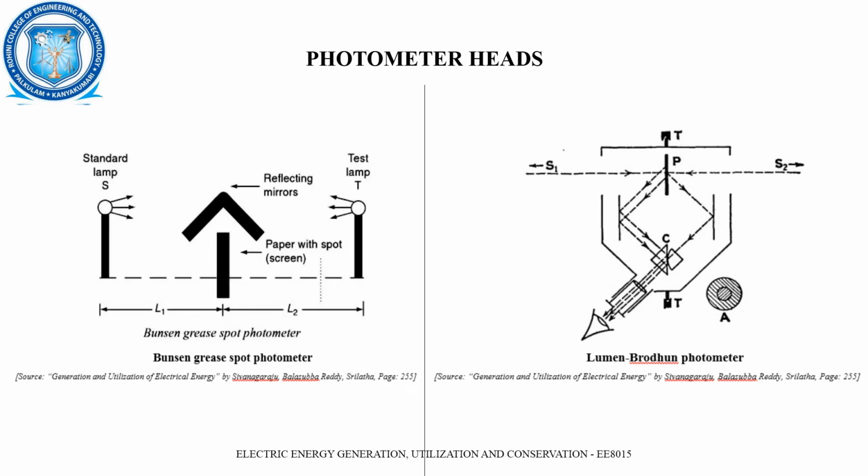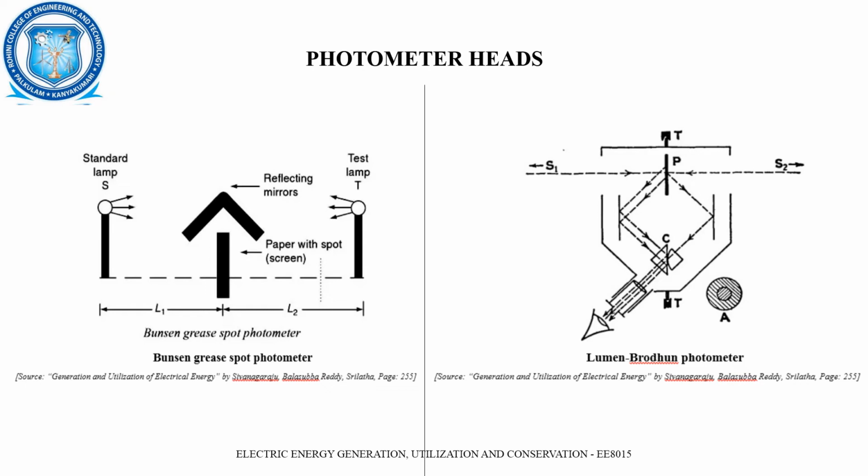It is the Lummer-Brodhun crystal. Here we can see the light is getting reflected in this mirror and then again it is getting reflected from this mirror and then it is going towards the crystal, and after getting reflected from the crystal, it is moving towards the microscope.